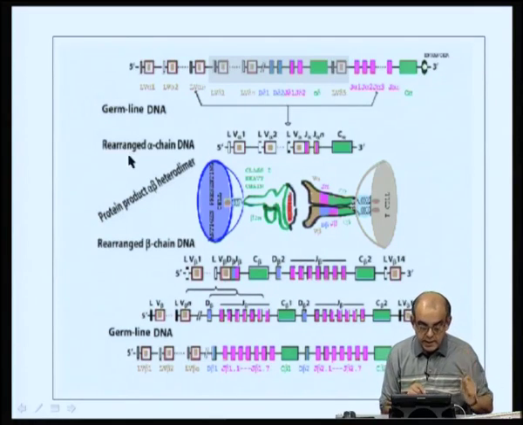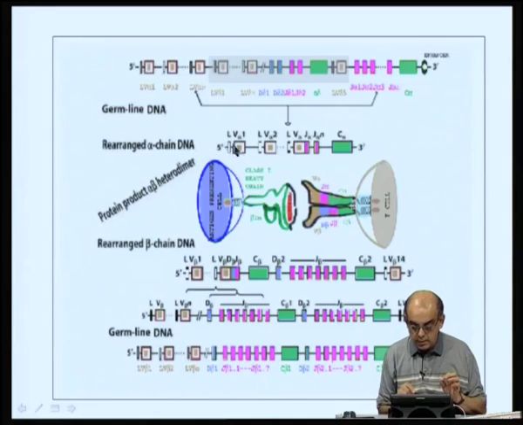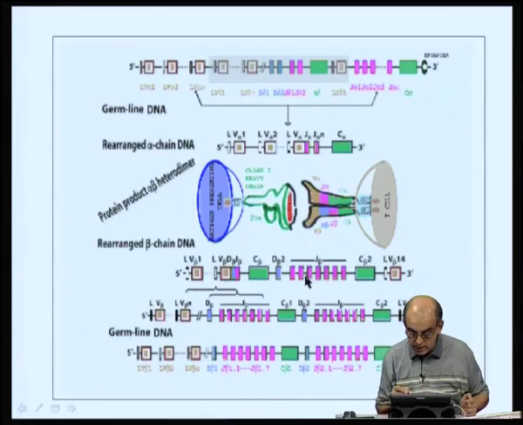So, after the rearrangement, this alpha chain DNA actually undergoes splicing in order to give you the mature product, which is found even in the previous slide, and this is the beta segment that is resulting from here, and here you have the diversity.